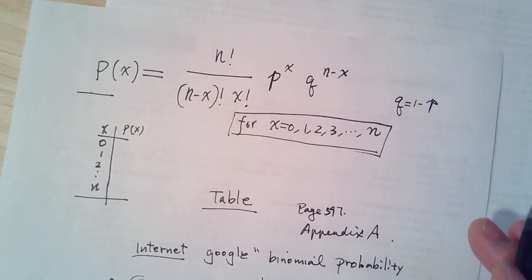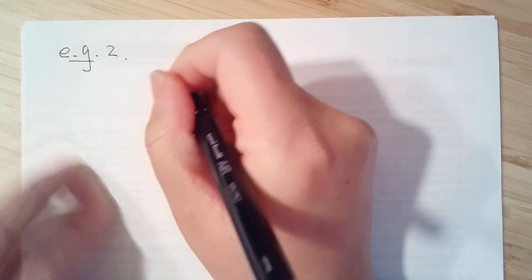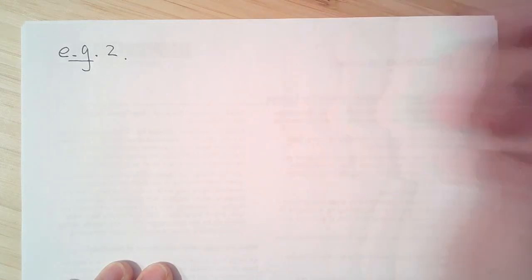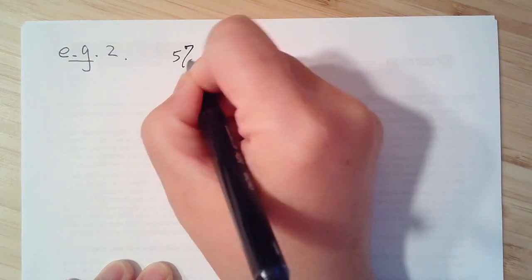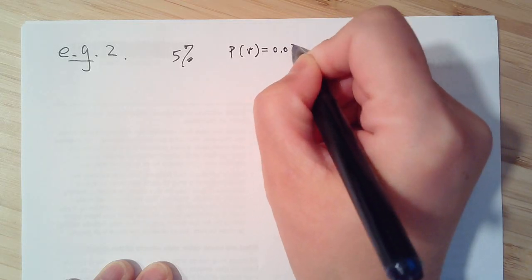Now we work on the next example. Example 2: based on a Gallup poll, 5% of U.S. adults are vegetarians. So the probability of vegetarian is 0.05. That's what we know, right?